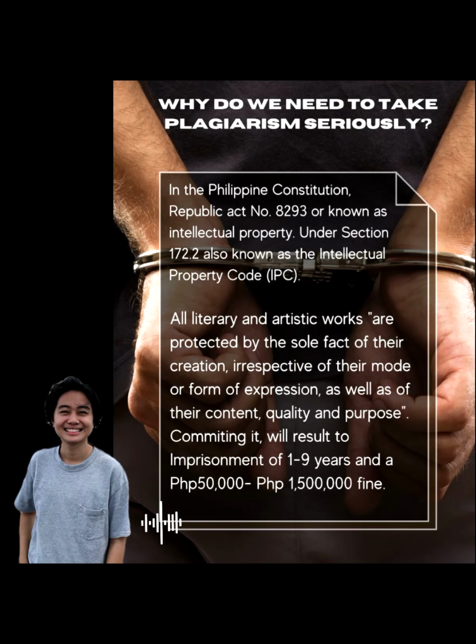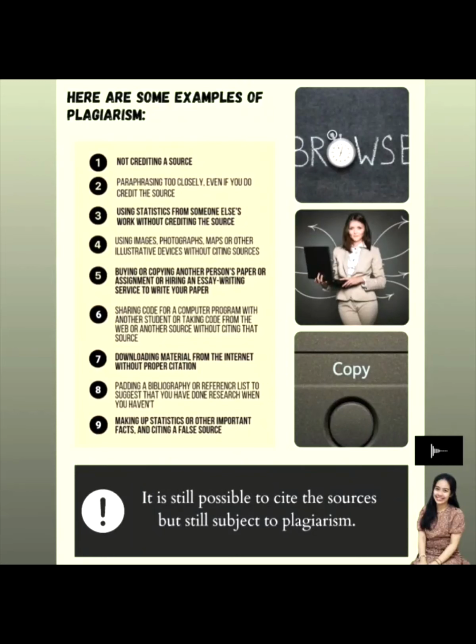Under this law, committing this crime will result in 1 up to 9 years imprisonment with 50,000 pesos up to 1,500,000 pesos fine. And now let's proceed to the examples of plagiarism.